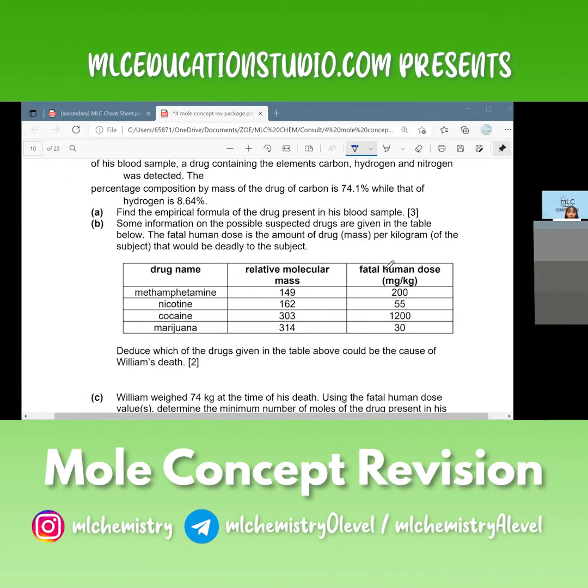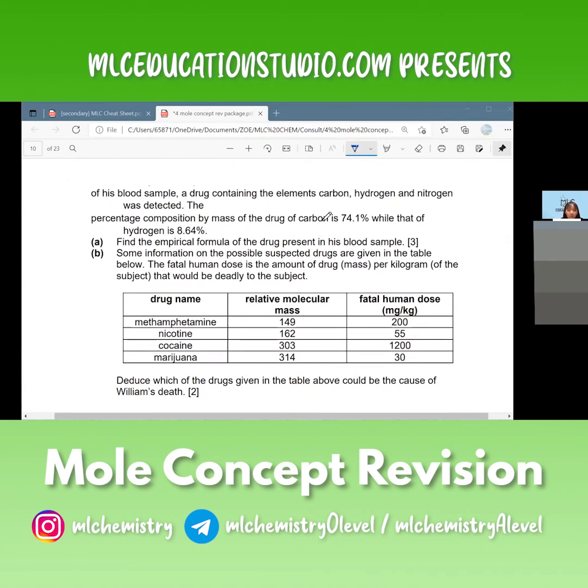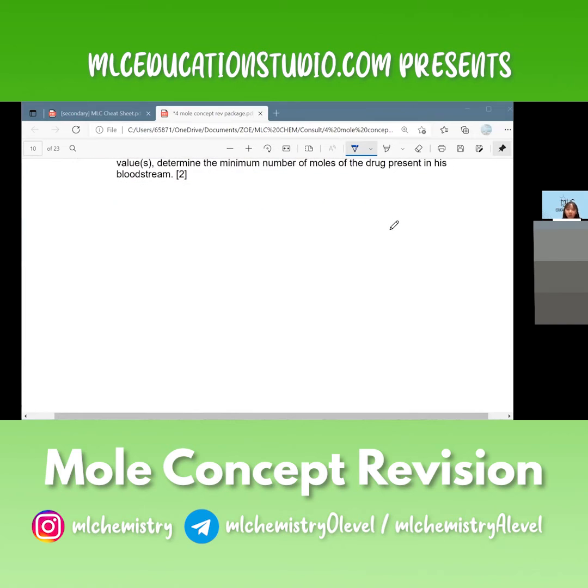Mainly A and D. Okay, A, right, they actually ask for the empirical formula. So when they ask for empirical formula, always remember there is a table, right? Let me show you how to draw a table first. Start with the element, what element they have.